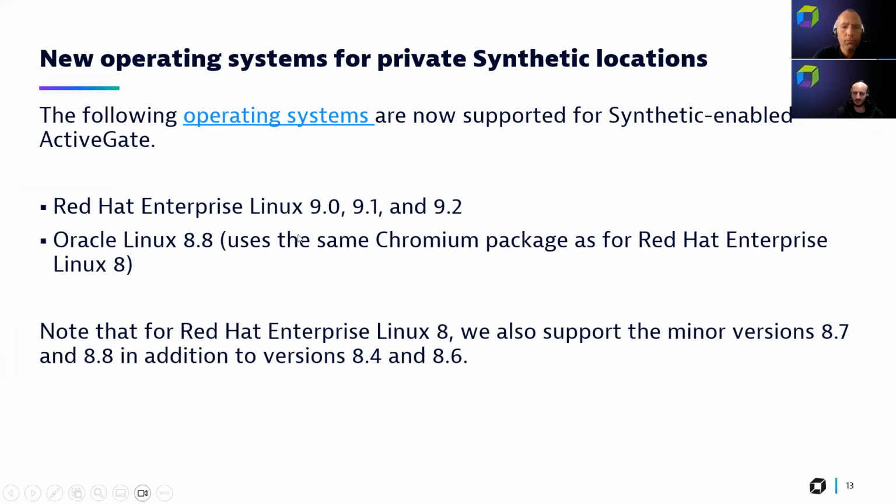There's no need to read all these versions, of course, but it might be important for you because I see that some users are doing .NET migration in their Red Hat environment. This can be important for them, especially to know that they are now available to use in Synthetic. You can click on this link to see the whole table to find out which operating systems are supported. And these are the new ones that you will find in this release.